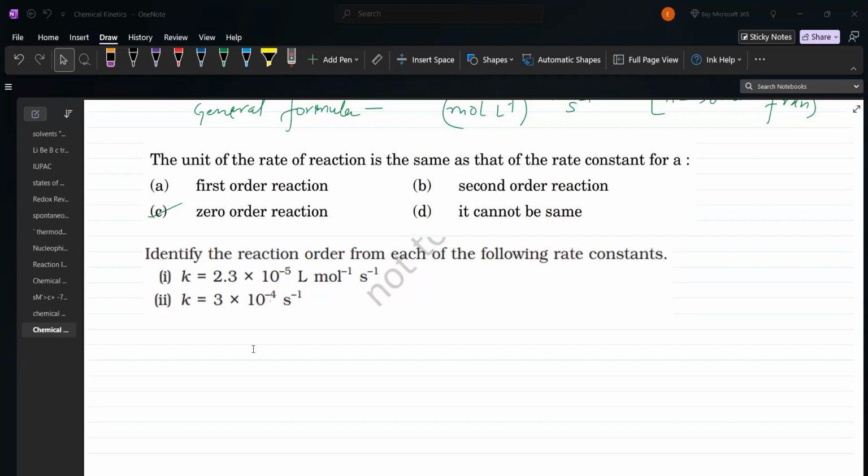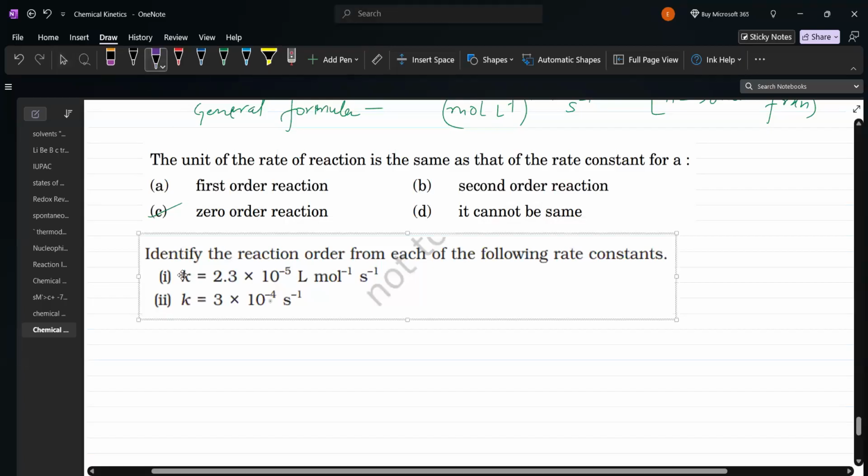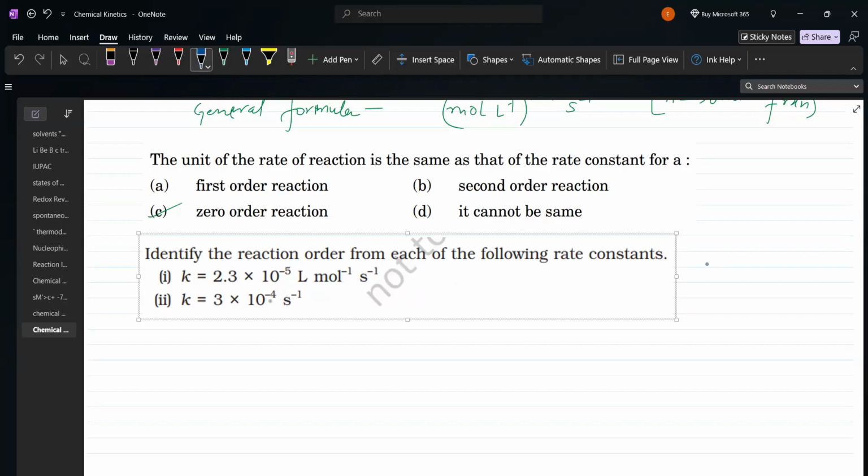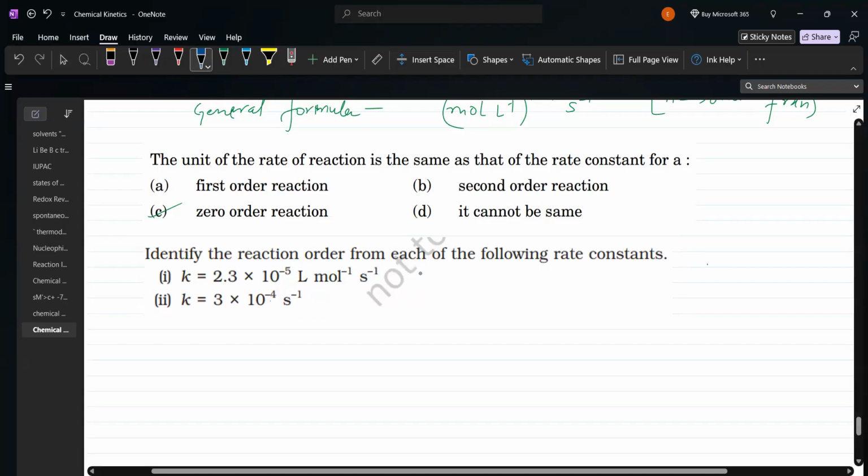Done? What is the answer you are getting? The first is second order reaction, and the second is first order.